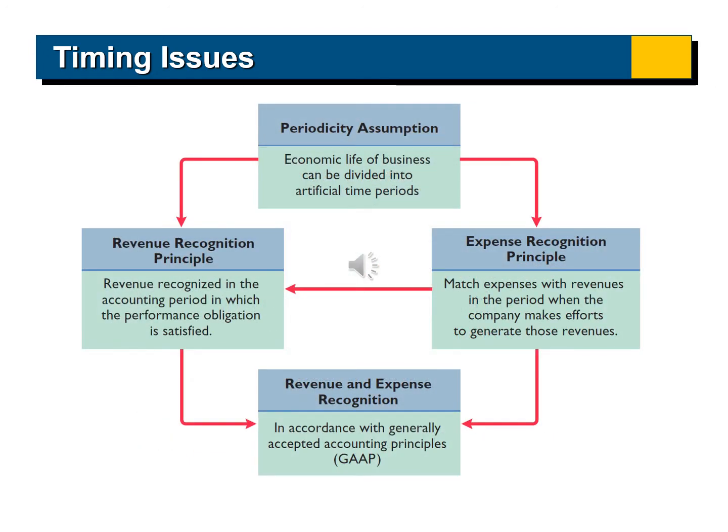If we put these together, the revenue recognition principle and the expense recognition principle, we have the periodicity assumption, which means the revenues should be recognized in the period when the services or goods are provided, and the expenses should be recognized in the period when we record the revenues related to those expenses. So these two put together, we have the revenue and expense recognition principle, which is mandated by the generally accepted accounting principles.